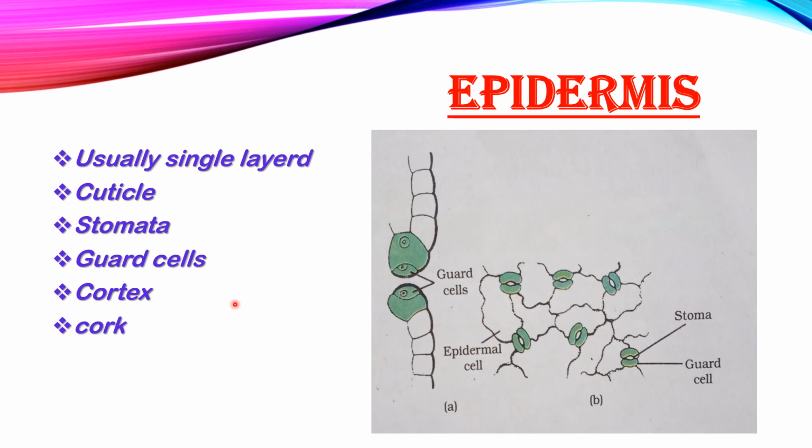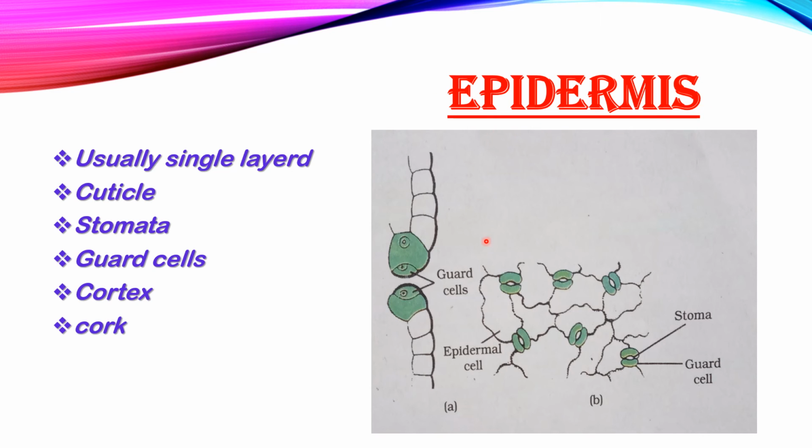Now cortex. What happens when the plant grows older? The epidermis layer undergoes changes, and in the cortex the cells divide to form layers of cells, which is known as cortex. One more point: epidermis is a protective layer, the outermost layer.